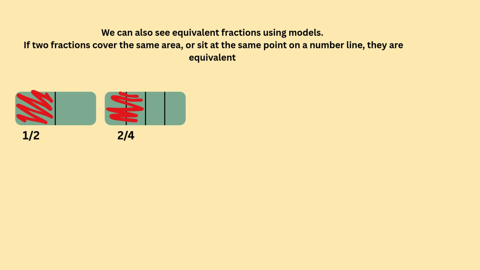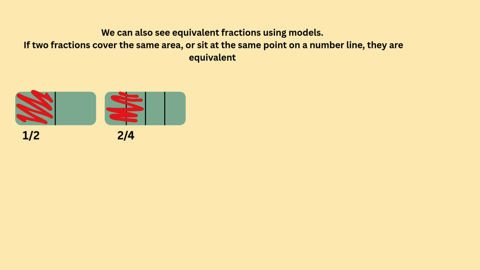We have two rectangles. They have the same shape, the same size. The first one is cut into two equal parts or pieces, and the second one is divided into four equal parts. Let's look at the shaded area.